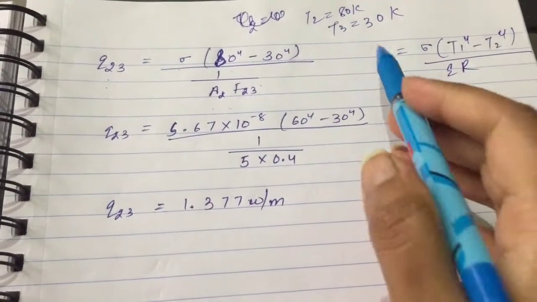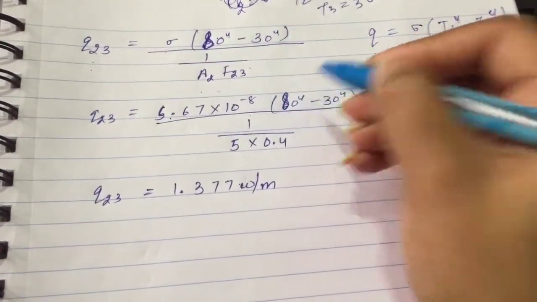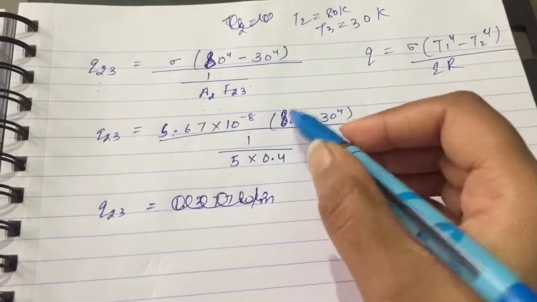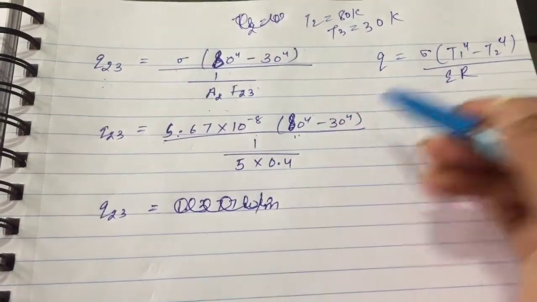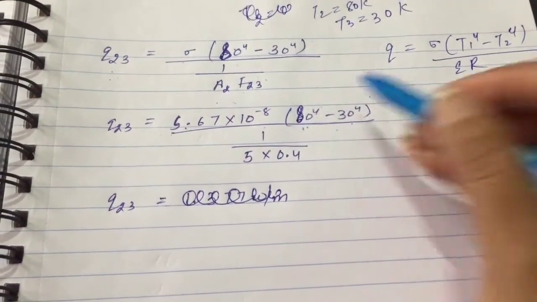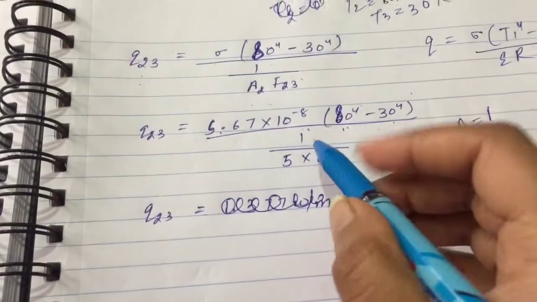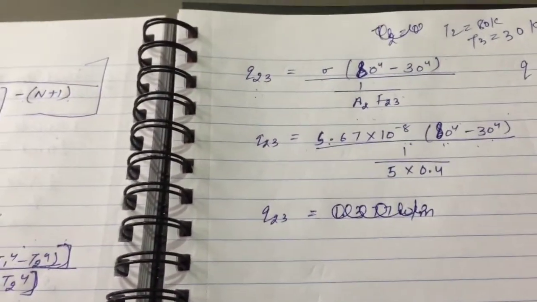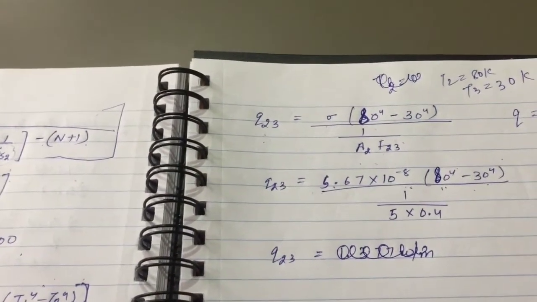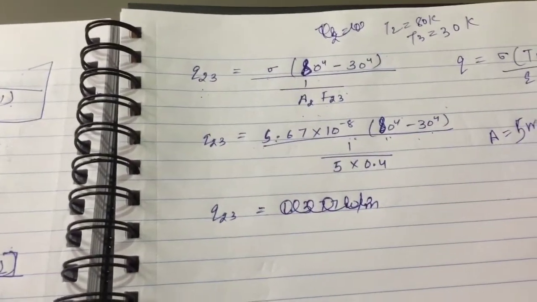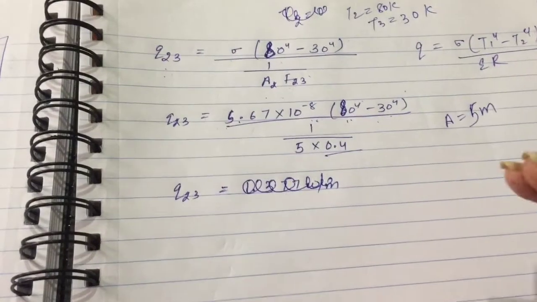Putting in the values: sigma, the Stefan-Boltzmann constant, into 80 Kelvin to the power 4 minus 30 Kelvin to the power 4, upon 1 by F23 into A2. Area is given to us as 5, and F23 we have calculated as 0.4.